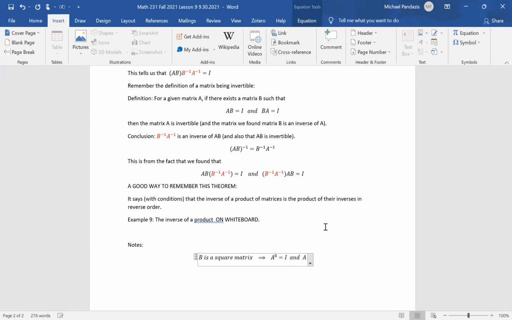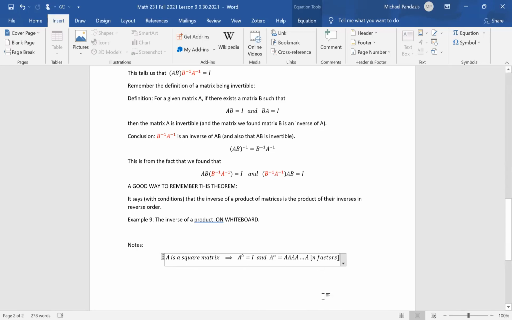A to the 0 is I, and then A to the n is equal to A times itself n times. So there are n factors in that product. Factors are each of the things being multiplied. So A to the n means multiplying that square matrix by itself n times.